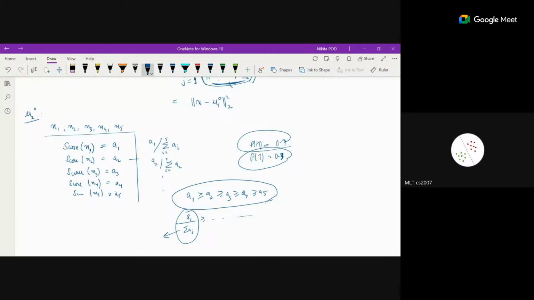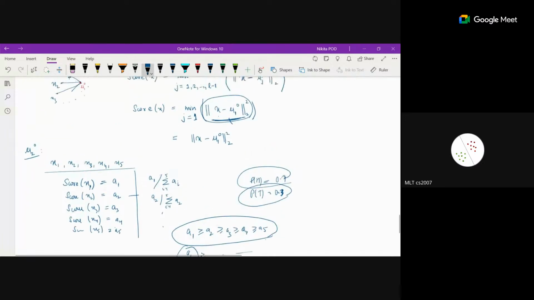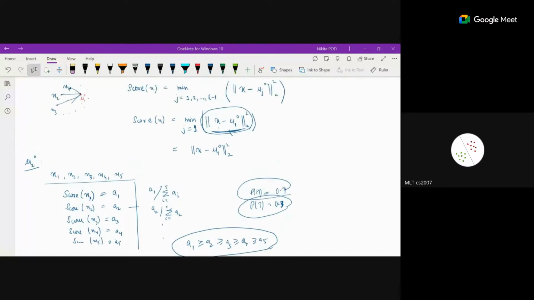It's probabilistic, not deterministic. So in this fashion, your mu2 naught is being chosen.